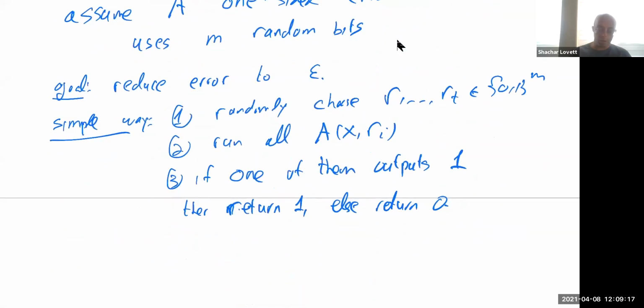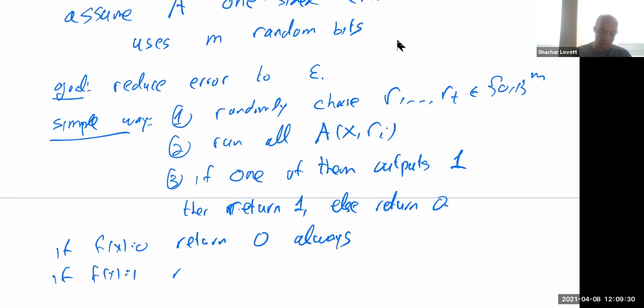The probability that we make a mistake in each step is a third, and we make a mistake in all of them with probability (1/3)^t.